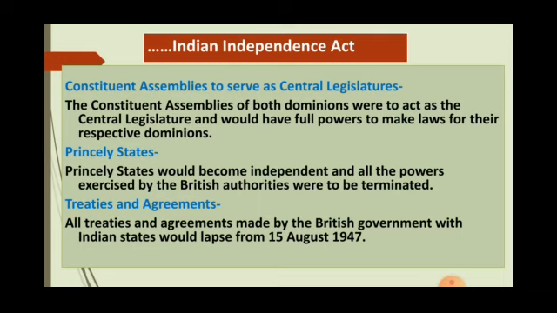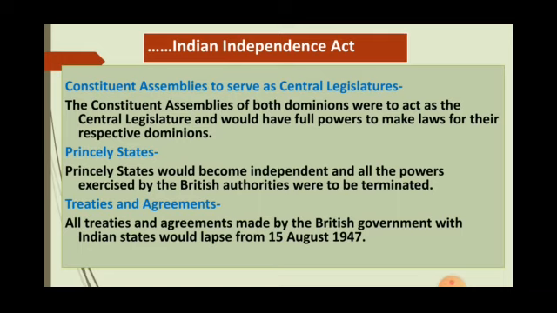Elections to the Constituent Assemblies were held in 1946. Two Constituent Assemblies will be there, one for India and one for Pakistan. This Constituent Assembly will act as the central legislature of both dominions.